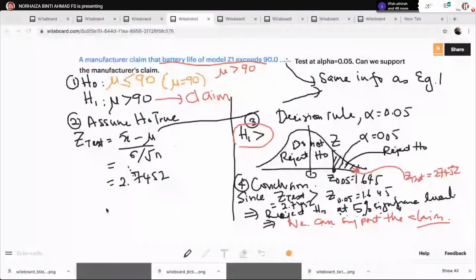In the second example, we're rejecting H naught. So we can support the claim because there is no evidence to say that mu is less or equals to 90. When we reject H naught, we're saying that there is no evidence that mu is less or equals 90. So therefore, we can support the claim.